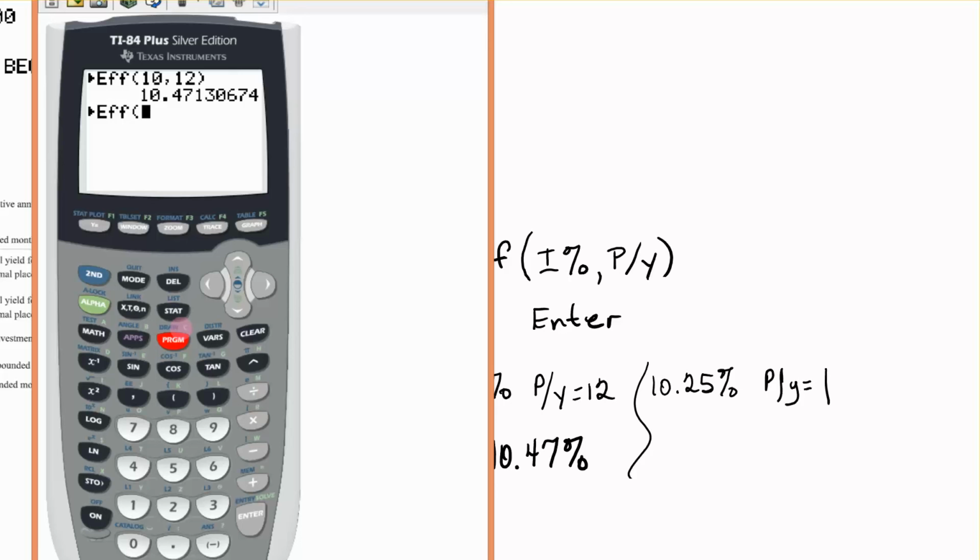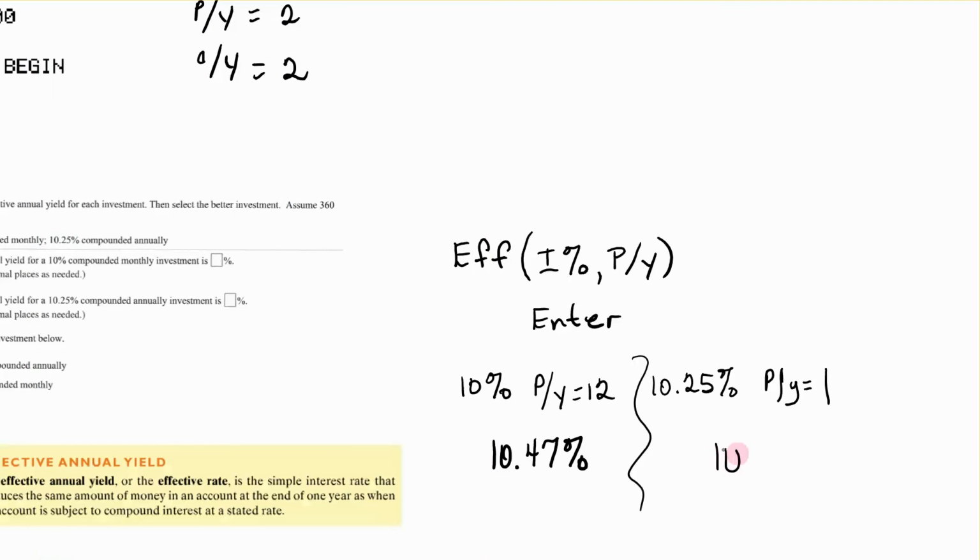Rather than scrolling. All right, and I have 10.25, comma, 1. Now I have a feeling that's what I thought was going to happen, that if you're just compounding at the end of 1 year, it's as if it is simple interest.